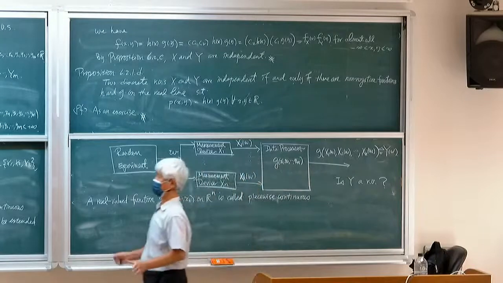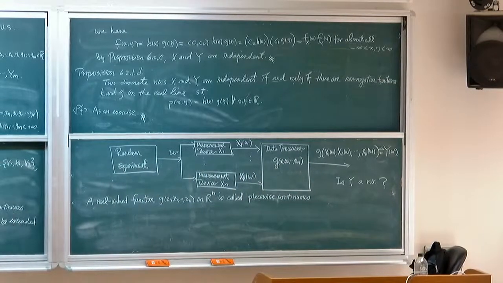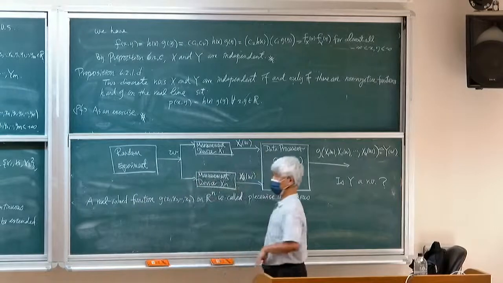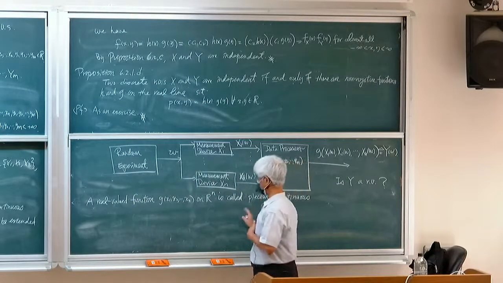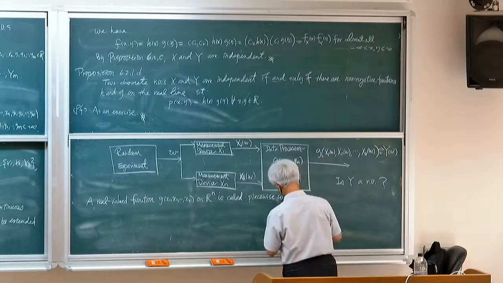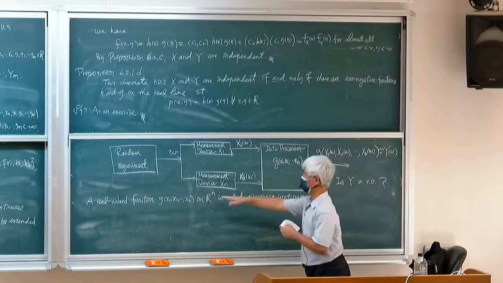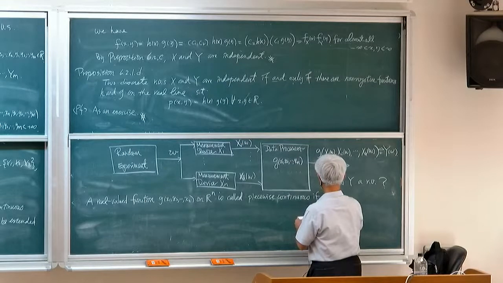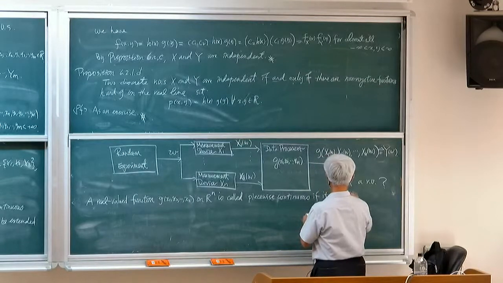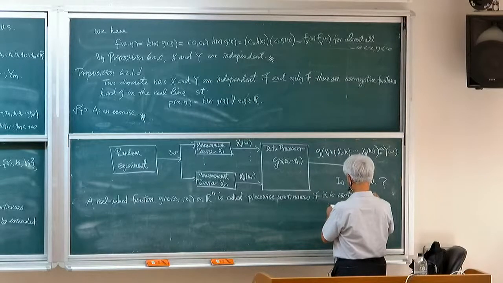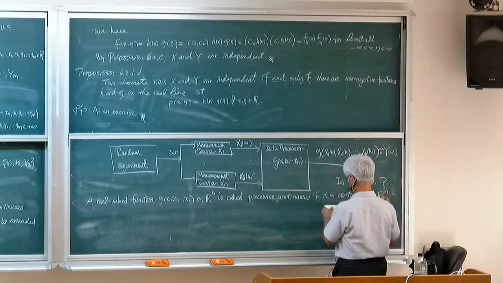It's easy to define a piecewise continuous function on the real line. But if the domain is n-dimensional Euclidean space, how do we define piecewise continuous? Such a real-valued function is called piecewise continuous if it is itself continuous in Rn, that is fine, right?